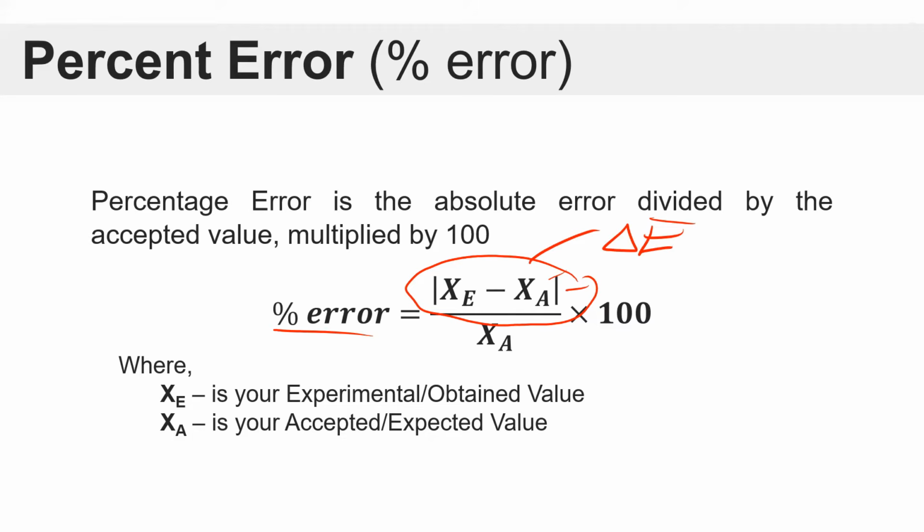Here we are relating the error to our true value. We are looking for how large this error is compared to our true value. Again, x sub b is your experimental or obtained value, and x sub a is the accepted, expected, or theoretical value.